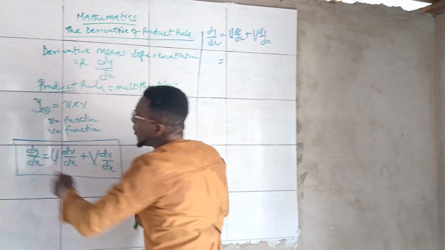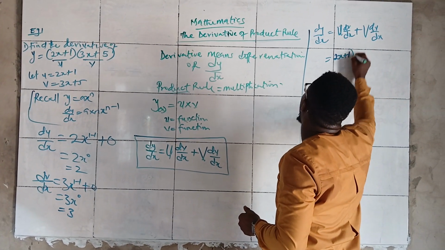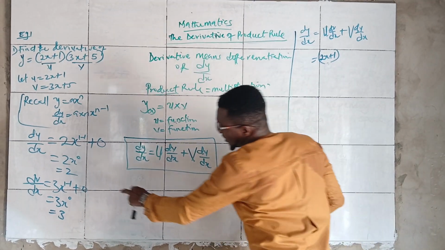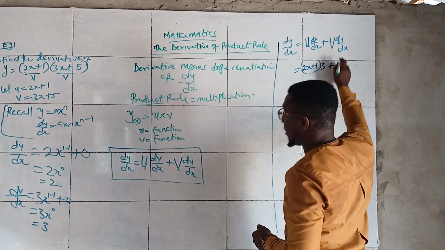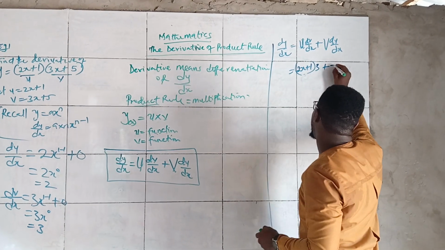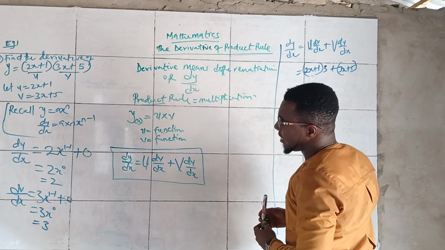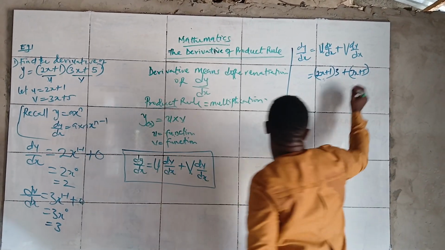We'll go back, our u is equal to 2x plus 1, you put it in bracket. Then what is our dv over dx? Our dv over dx is 3. So you are going to put the 3 here. Plus, what is our v? Our v is 3x plus 5. And what is our du over dx? Our du over dx, here you can see that it is 2.